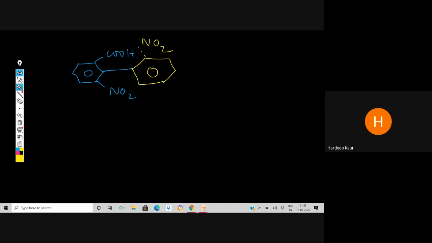COOH. Okay. So this compound is optically active because it does not have a center of symmetry. So we can draw its mirror image like this.